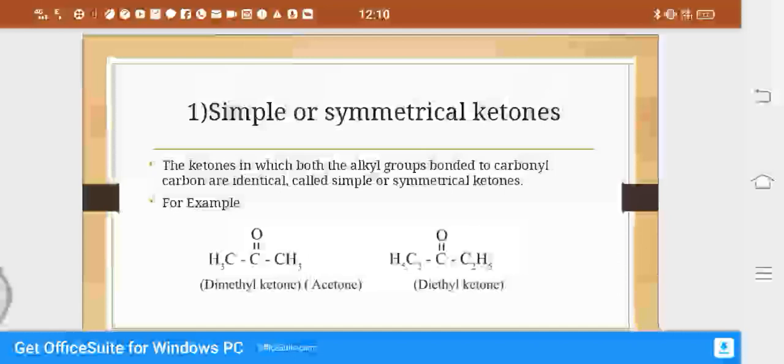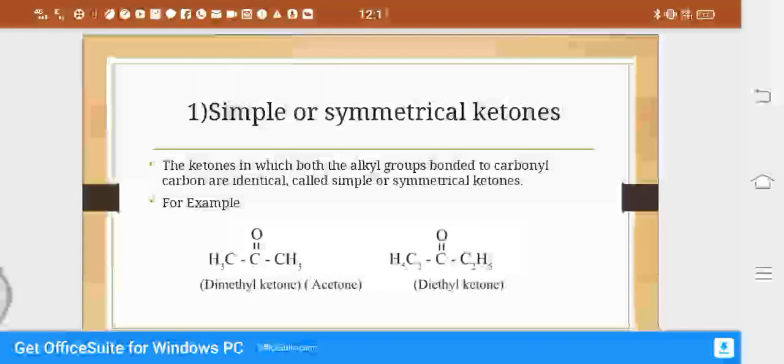In simple or symmetrical ketones, the ketones in which both the alkyl groups bonded to the carbonyl carbon are identical are called simple or symmetrical ketones.